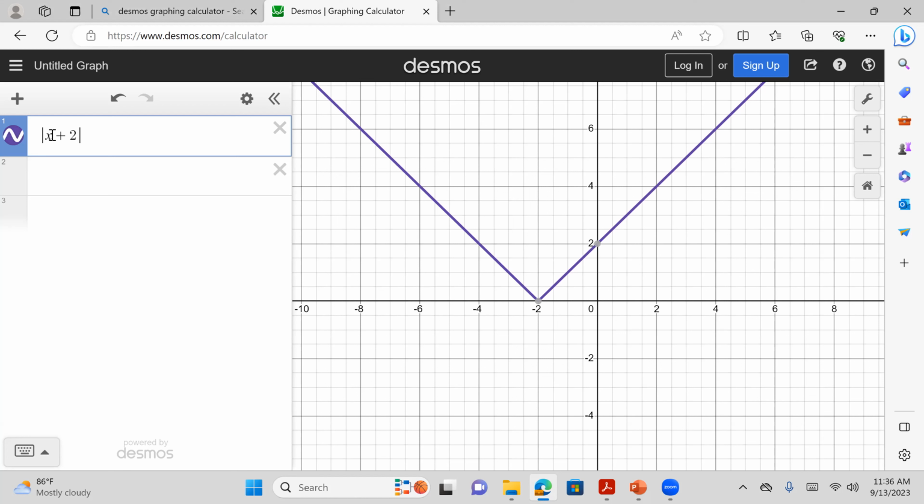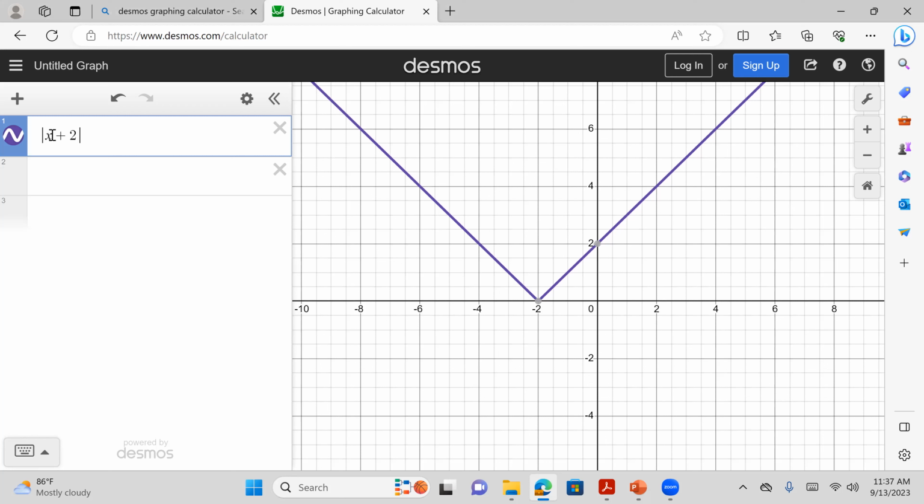Okay, guys, now that it moved to the left 2, is my domain and range still the same? Yeah, it still goes from 0 to infinity. It still goes left to right forever. So the domain and range didn't change. Did my vertex change? Normally the vertex was right here, wasn't it, at 0, 0?